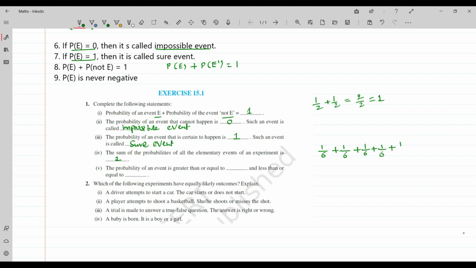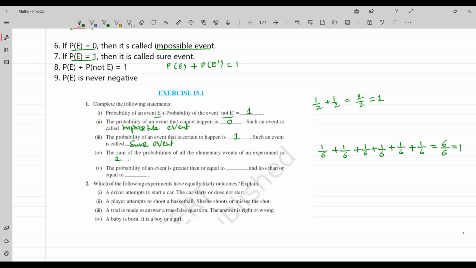Getting 5 also 1 by 6. Probability of getting 6 also 1 by 6. If we add all together, we will get 6 by 6. So that is equal to 1. That's why I wrote in fourth part, the sum of probabilities of all the elementary events of an experiment is 1.